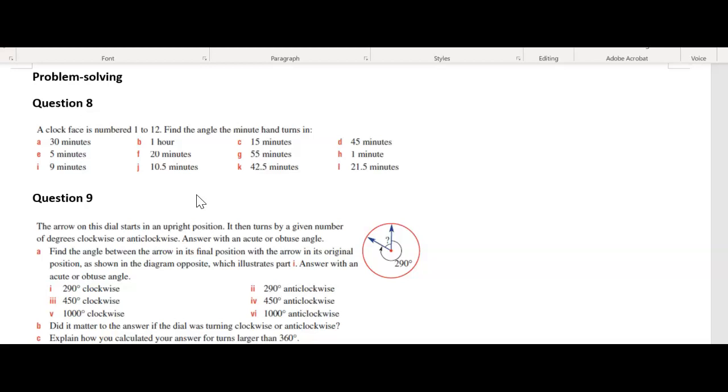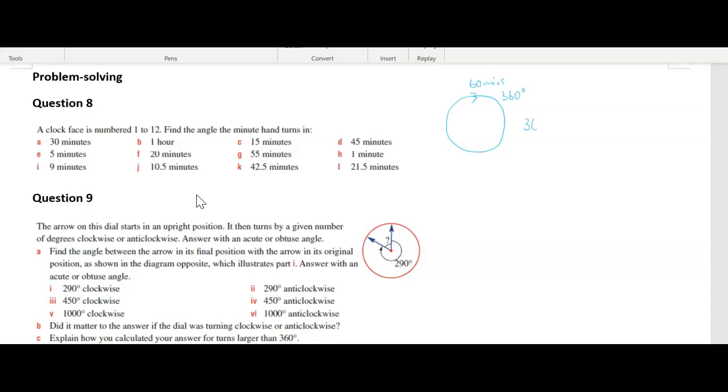So when you think about a clock face, I'm not going to put the hours, just work with the minutes. One full rotation is 60 minutes, and that is also 360 degrees.